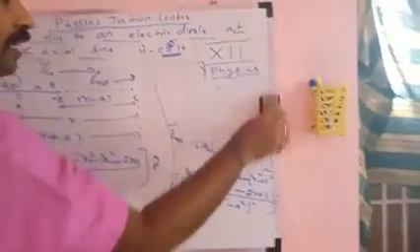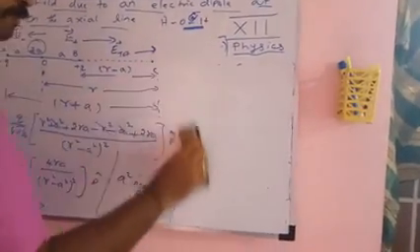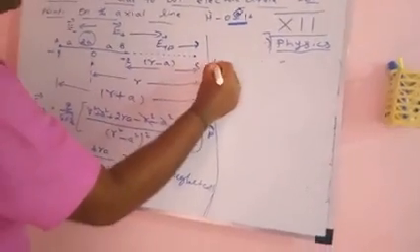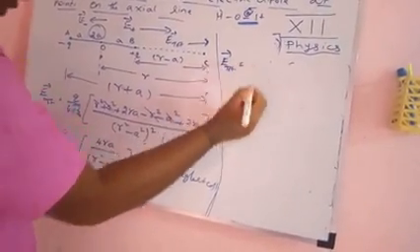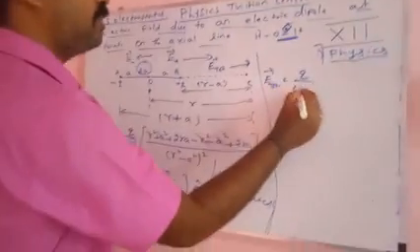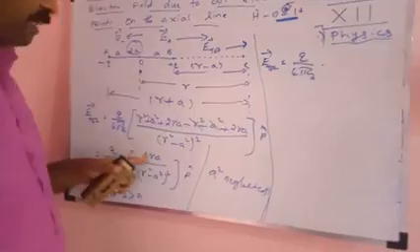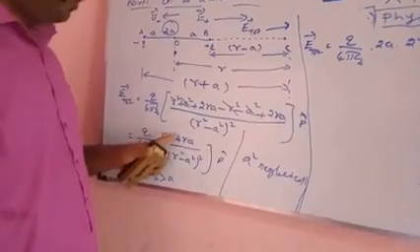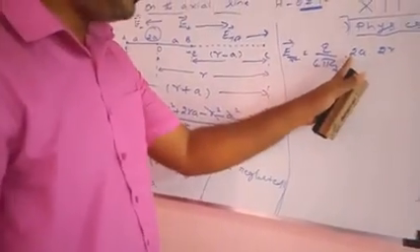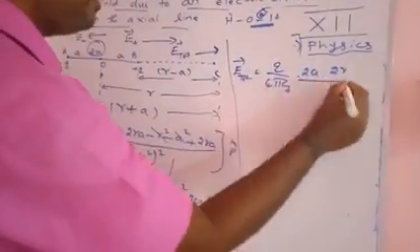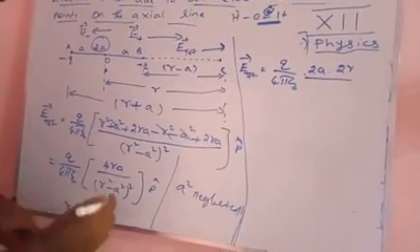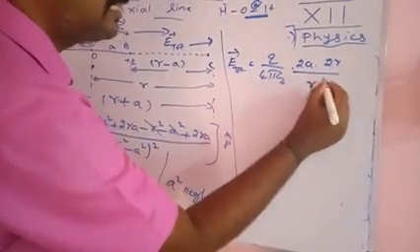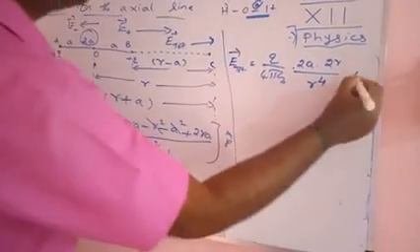We move to the next part. E total, the E vector, is equal to q by 4 pi epsilon 0 into, you can rewrite 4ra as 2a into 2r, then divided by r squared, where a squared is neglected. A squared neglected means in the denominator it is r power 4, into p cap.